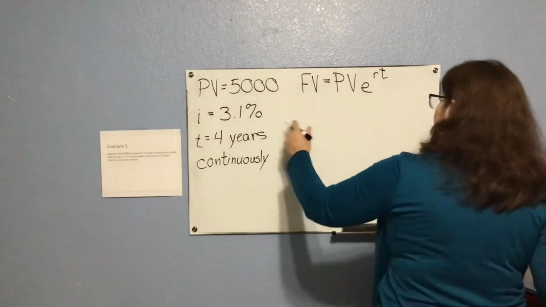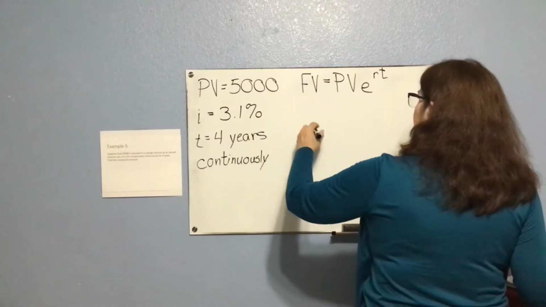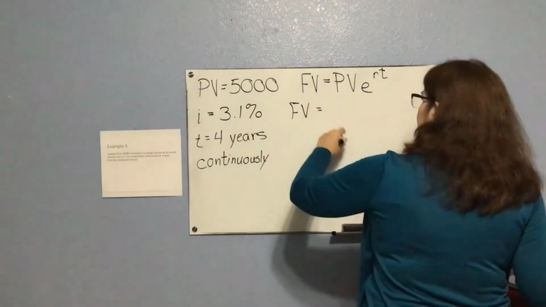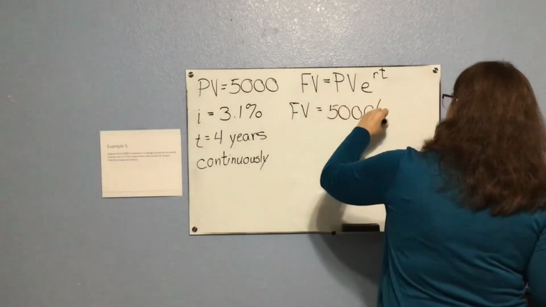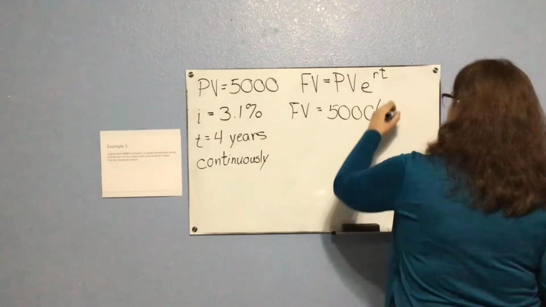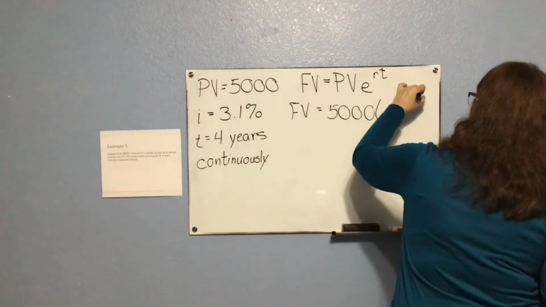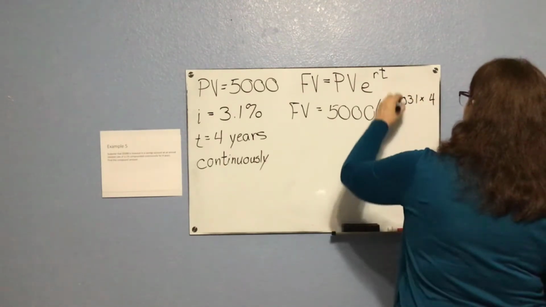So looking at this situation, I'm going to have my future value is equal to 5,000 times e to the 0.031 times 4.